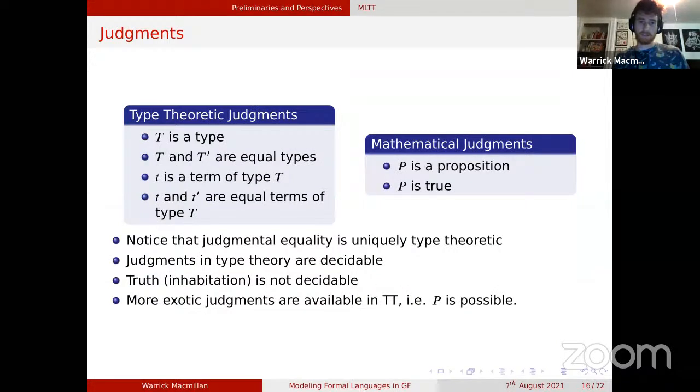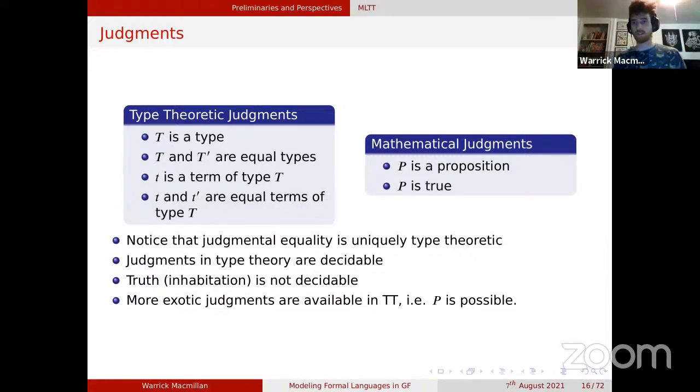Now we have judgments. This is one of Martin-Löf's big contributions, to put the notion of a judgment at the epicenter of doing mathematics. There are four judgments: that of a type, that of two types being equal, the inhabitation of a type by a term, and the equality of two terms, definitional equality or judgmental equality.